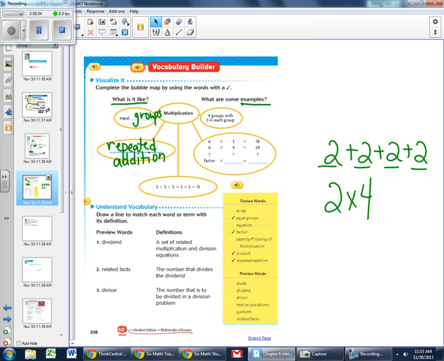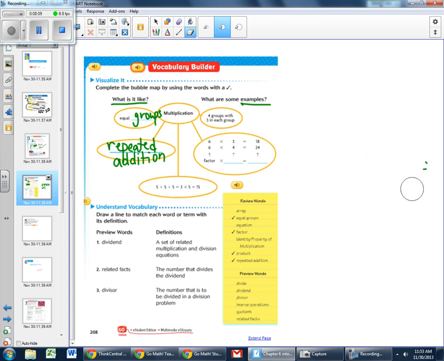So using what we just talked about on this other side with all of the explanation review of our vocabulary words, multiplication also is 4 groups with 3 in each group. Okay, that's a way of writing it out in examples. Another one here is a factor one that we just talked about. 6 times 3 equals 18. 6 times 4, it wants to know what this 4 is.